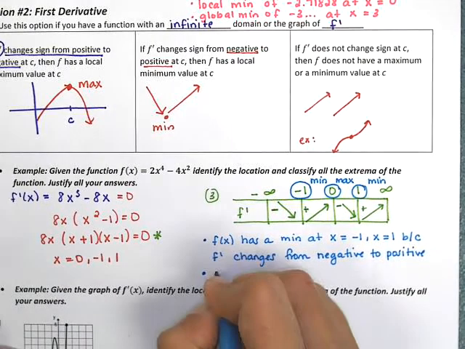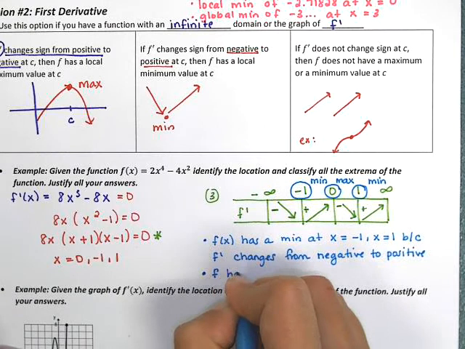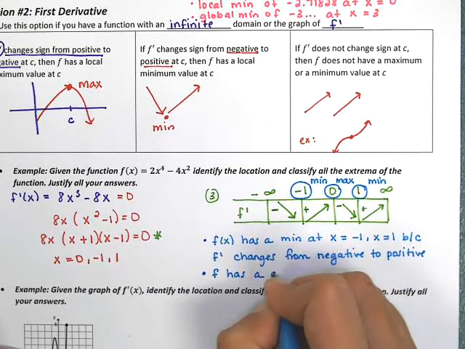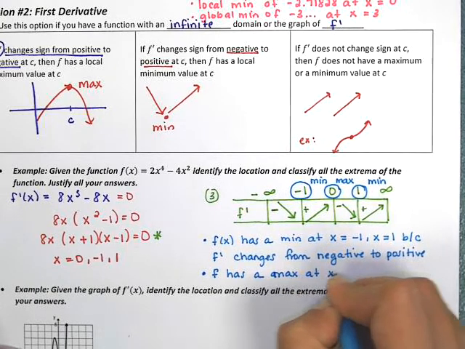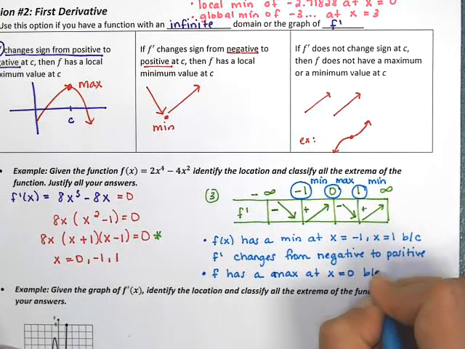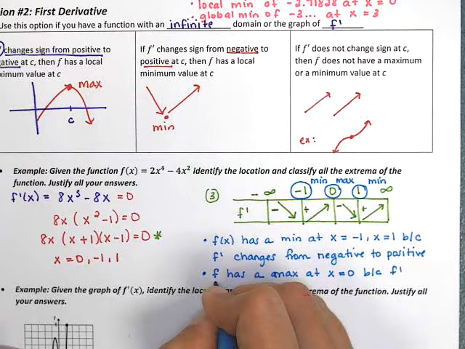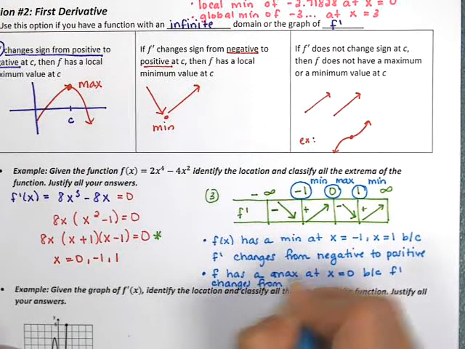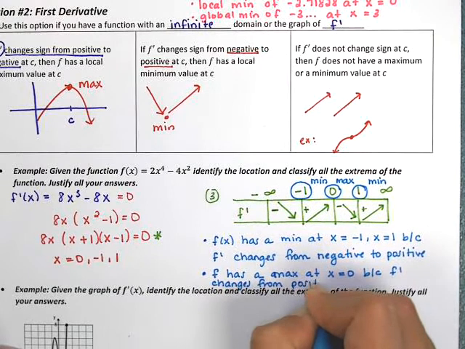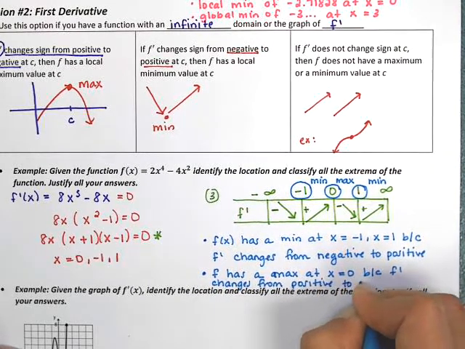We would also say f of x has a max at x equals 0 because f prime changes from positive to negative.